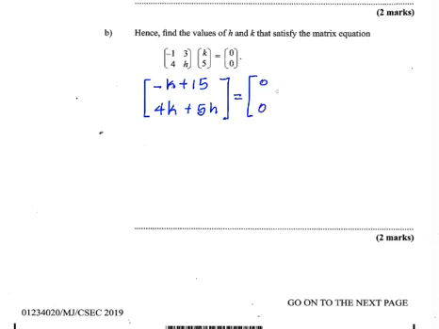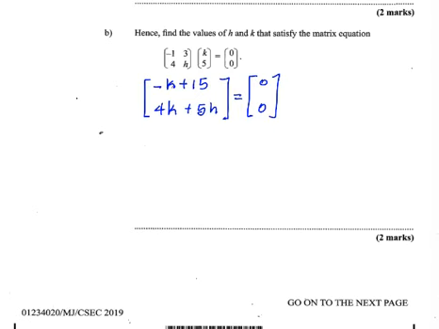0, 0. Now, if two matrices are equal, they are of the same order and corresponding elements are equal.